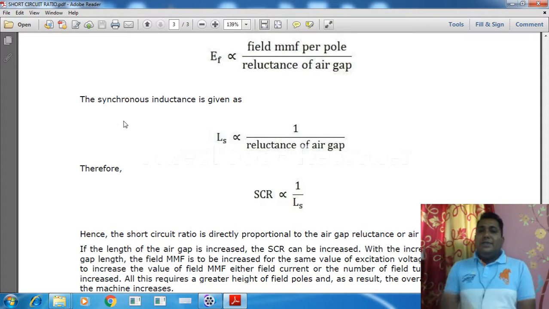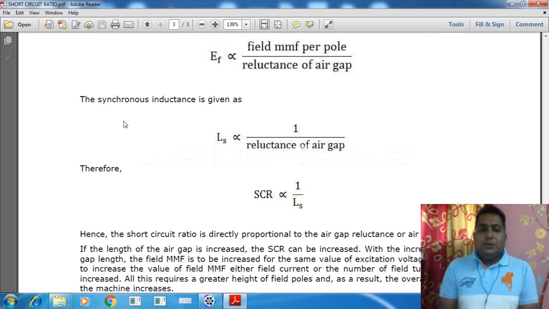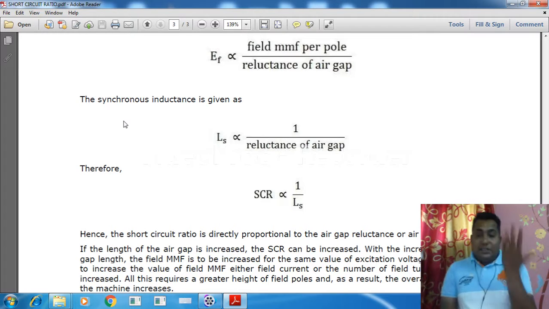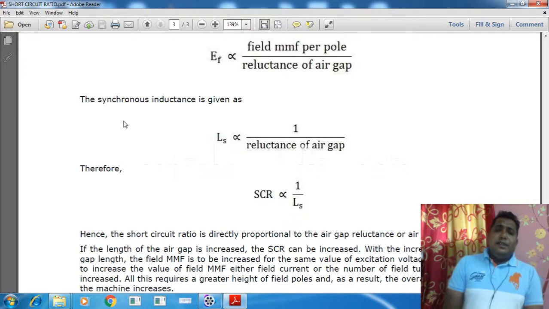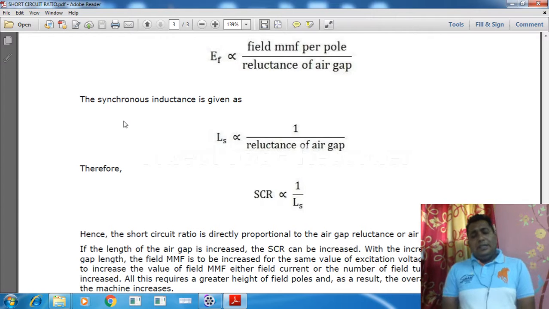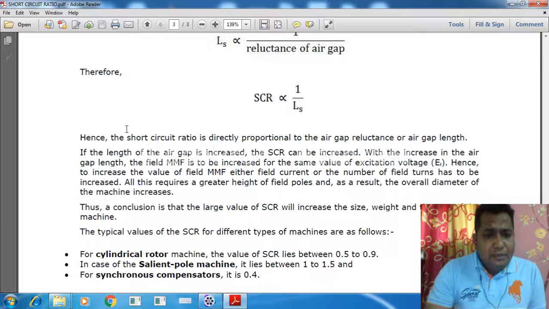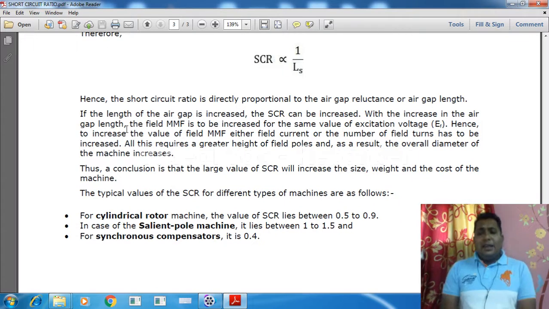So it is definitely the inverse of the inductance of that synchronous machine. Therefore we can say that this SCR is also inversely proportional to the inductance of the system. So what is the conclusion we can make? The conclusion is, hence, the short circuit ratio is directly proportional to the air gap reluctance or air gap length.